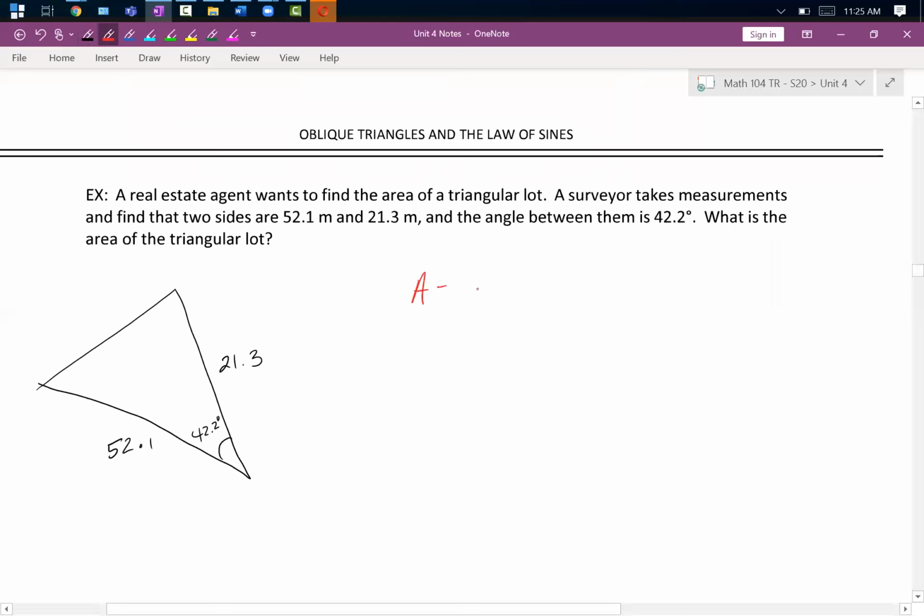Area is going to be 1/2 the 2 sides multiplied together times sine of the angle in between them. We'll round to the nearest hundredth again.